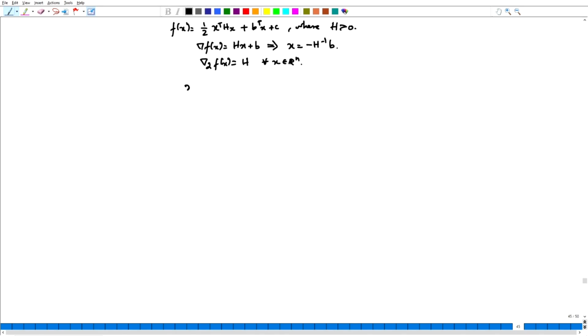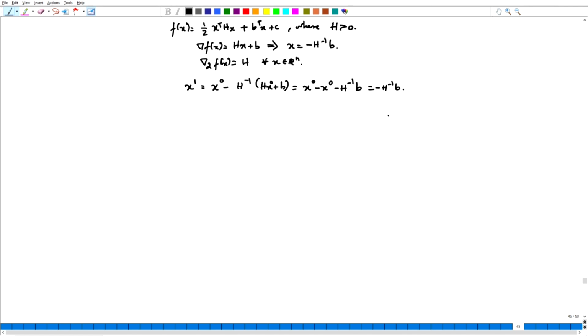So x 1 is equal to x 0 minus H k inverse, which is just H inverse, times g k, which is H x 0 plus b. So x 1 is x 0 minus x 0 minus H inverse b, which equals minus H inverse b.